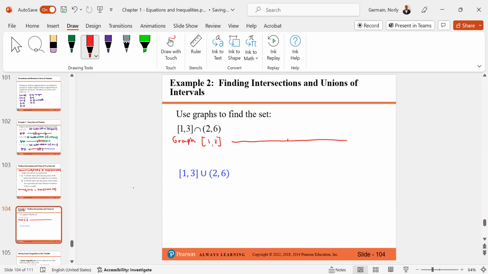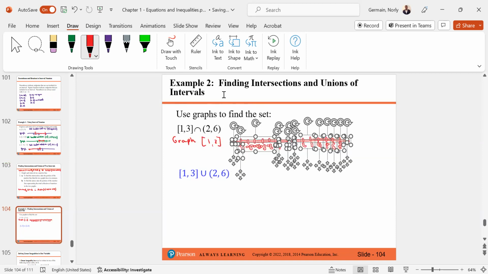We're going to do 0, -1, -2, -3, -4, -5, -6, etc., and 1, 2, 3, 4, 5, 6, 7, etc. I'm going to copy this because I might need it, so I don't need to repeat it multiple times.